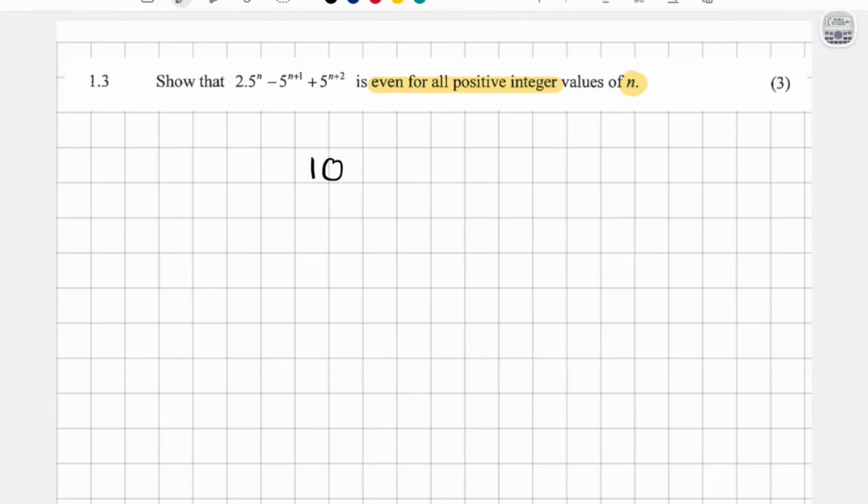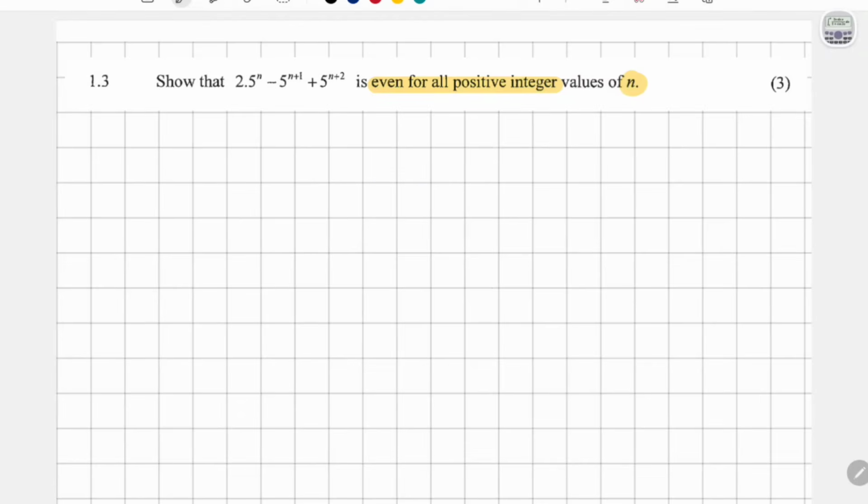So the best way to do that is to show that there is a factor of 2 in 10. So to show that 10 is an even number, I could rewrite it as 2 multiplied by 5. And this will show that this is an even number because it has a factor of 2. Okay, so let's try and use these premises to solve this one.